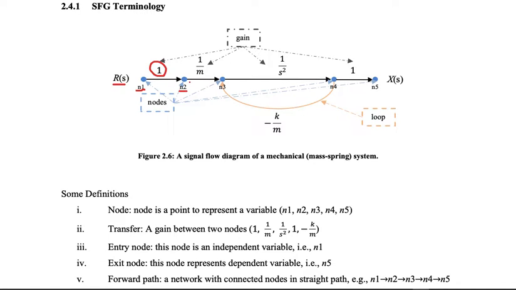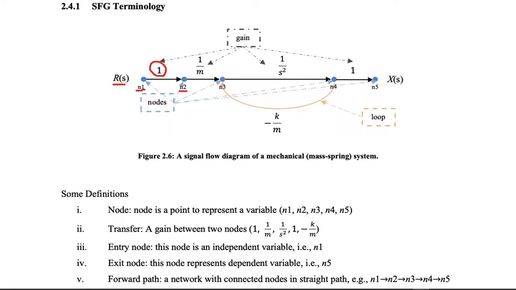But when the signal RS goes to N3, it has to pass 1 upon M, and thus the signal at N3 is no longer the same as RS.